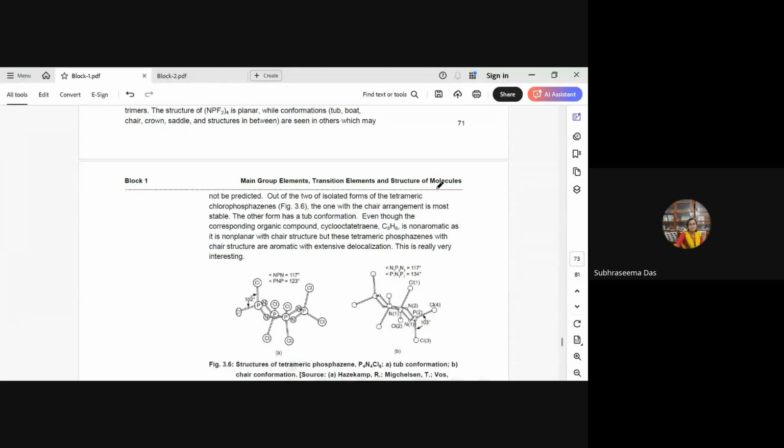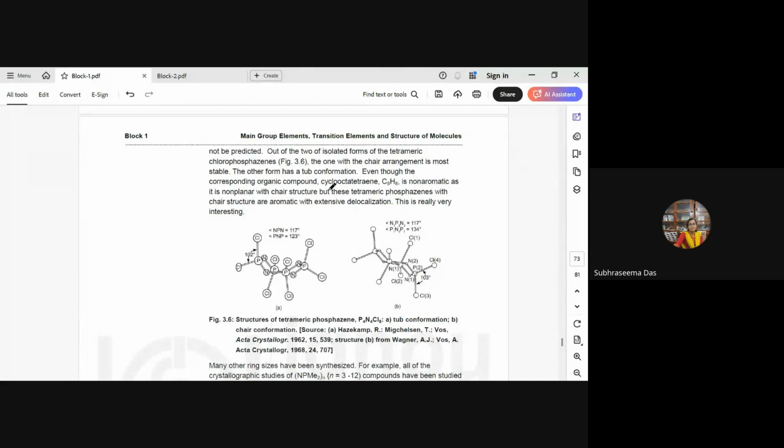Out of the two isolated forms of the tetrameric fluorophosphazenes, the one with the chair arrangement is the most stable. So we can say the structure with the chair arrangement is most stable. The other one, in figure A, is the tub arrangement.